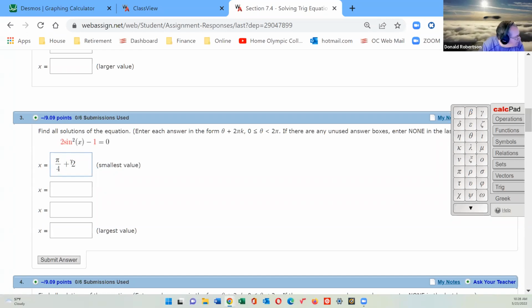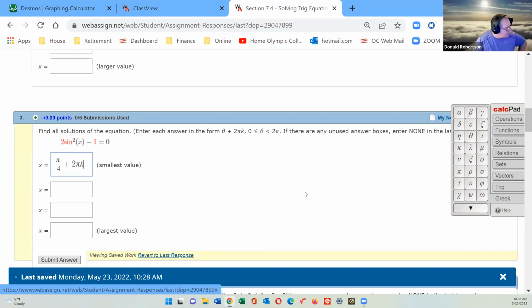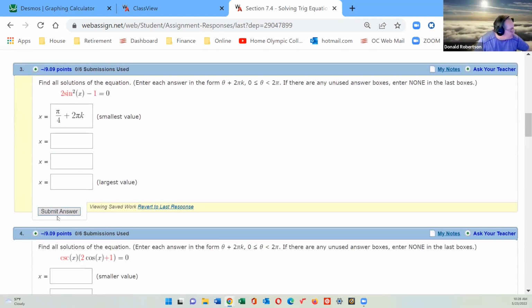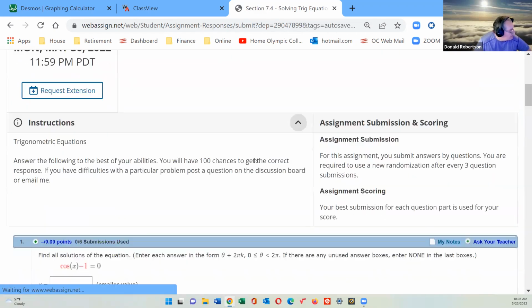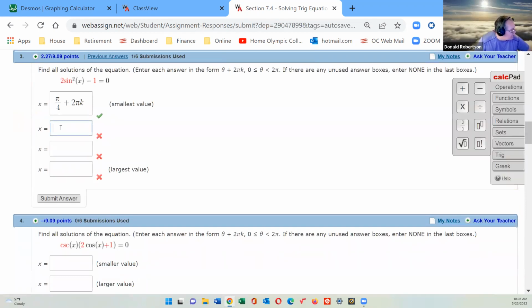pi k. Yeah, they want it written as 2 pi k, so let me do it their way. Yeah, do it the other way. There's one of our answers. So I'll submit it and see if it takes that one. Yep, so it likes it that way around. Another answer we would have got would have been 3/4 pi.